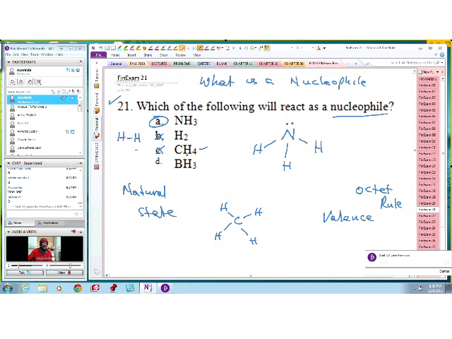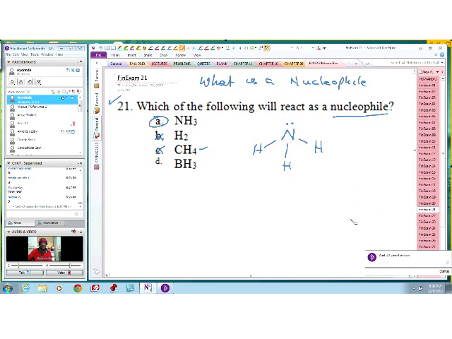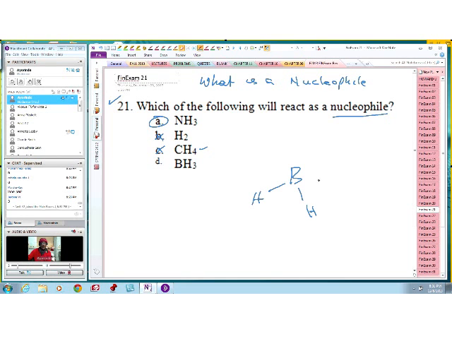Let us look at our borane. It's a fairly interesting molecule. You have boron attached to 3 hydrogen atoms, just as in the case of ammonia.